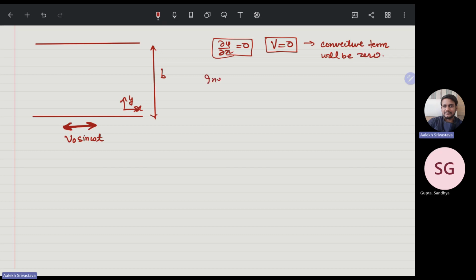Therefore, the inertial term, the pressure term and the viscous term remain. Now this B is not as large as we want and there is no gradient. The flow is happening because of this oscillation, not because of a pressure gradient. So the pressure gradient will also not come into the picture.